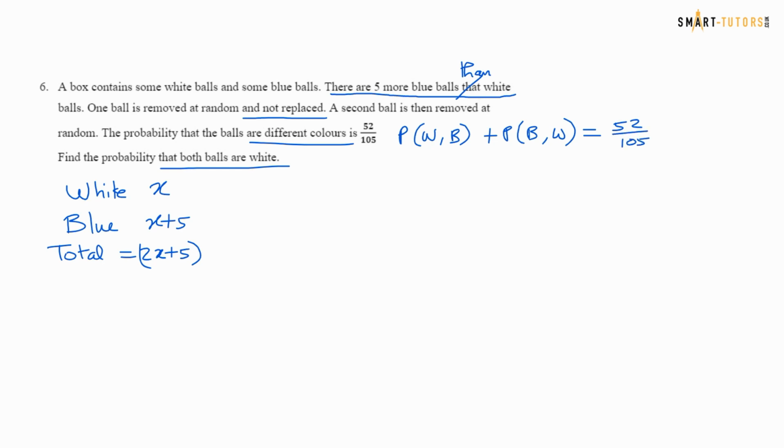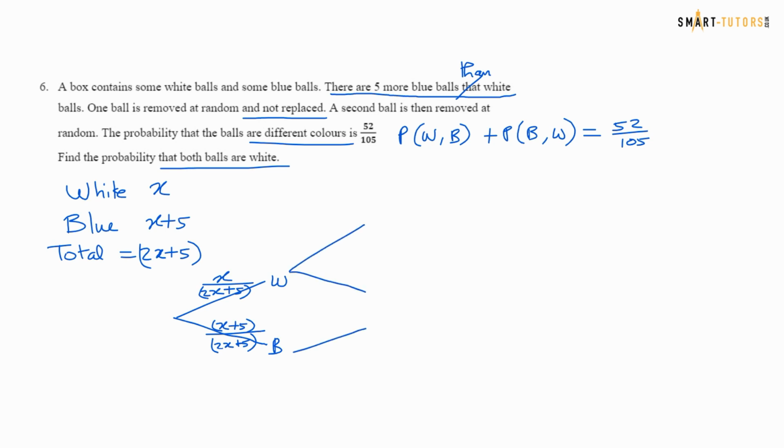Right, now this one can be white, can be blue, right? And the white has to be x over 2x plus 5. And now this one is going to be x plus 5 over 2x plus 5. And that is the first branch for the first section.